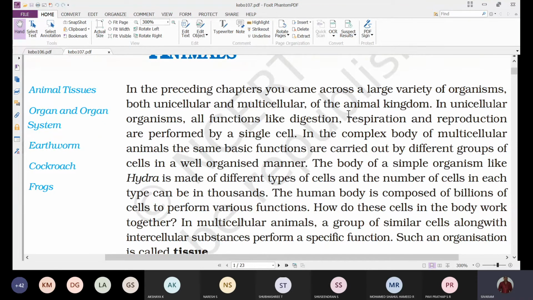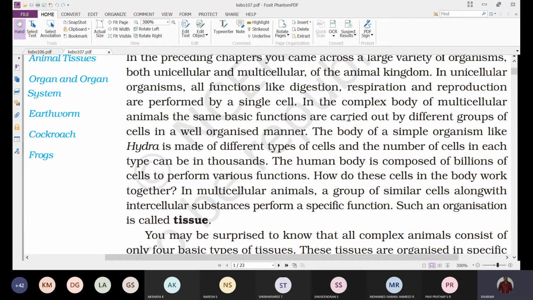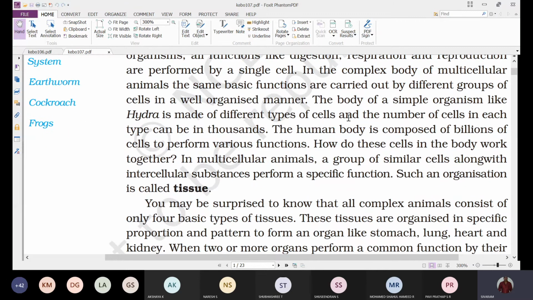The body of a simple organism like Hydra is made of different types of cells, and the number of cells in each type can be in thousands.